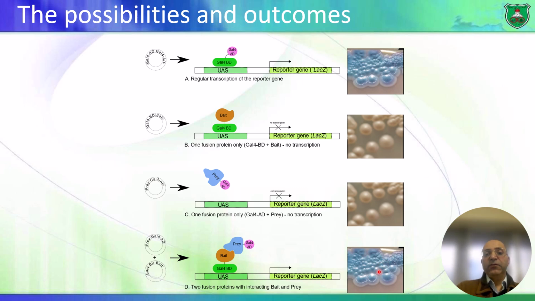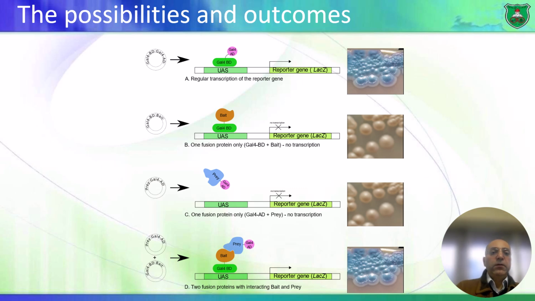We take this colony, we isolate the plasmid that contains this gene, because I know protein X or gene X. I want to identify this gene or protein that can interact with protein X. So we isolate the plasmid, and we can do sequencing, we can do immunoblots, whatever, and we can identify this unknown gene.